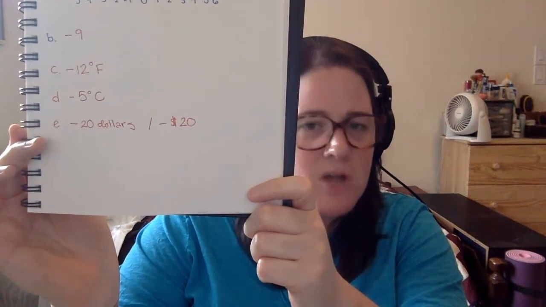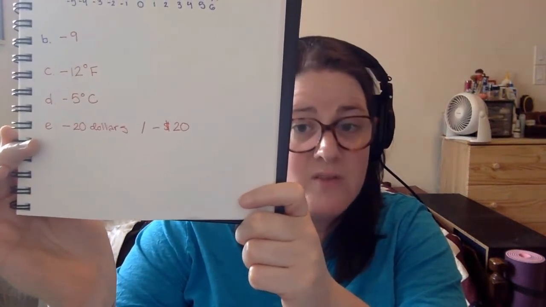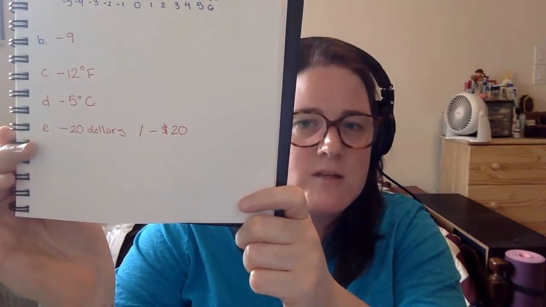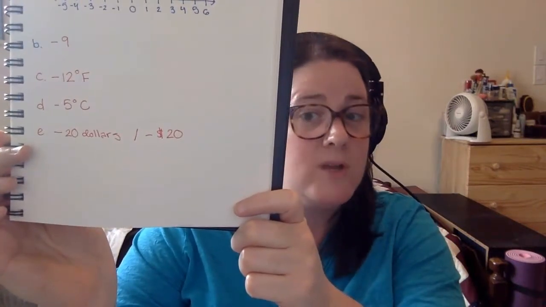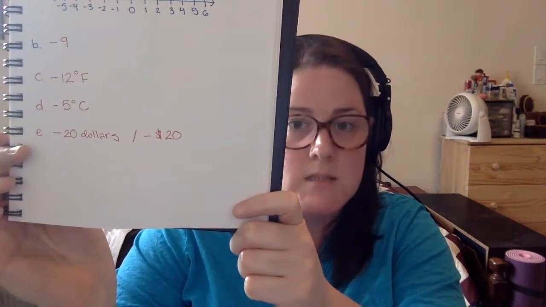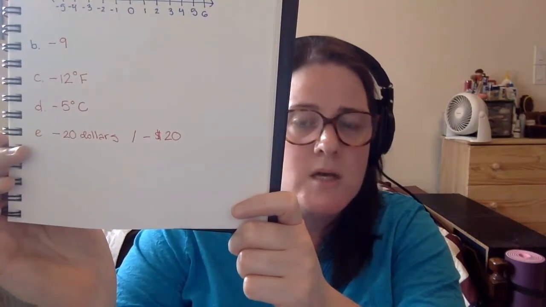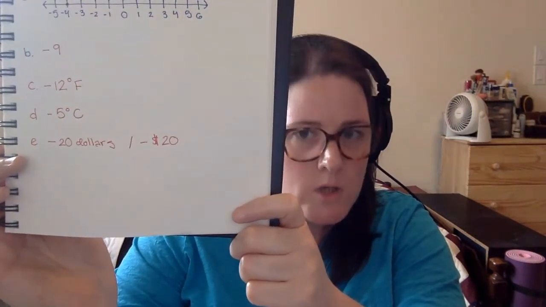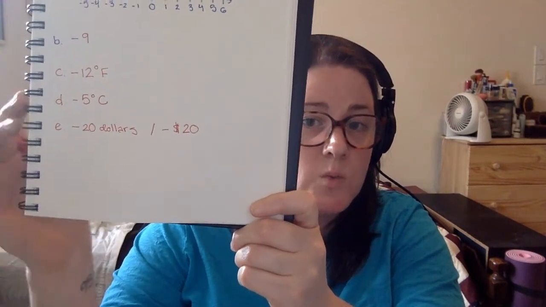If we use the dollar sign, it has to go in front of the number, and then the negative sign kind of gets pushed off, and it looks a little more like you've only got half an equation for minus, like subtract $20, which is what it means, but it just looks very awkward. So you would want to write it out using the word dollars.